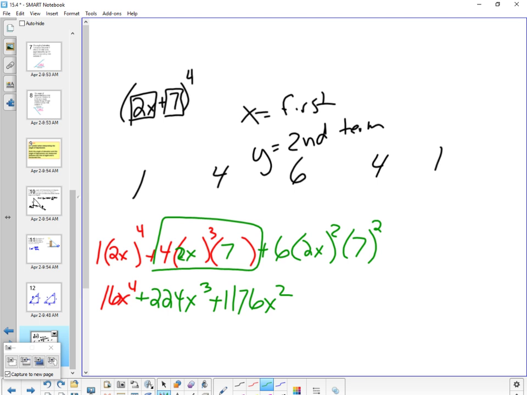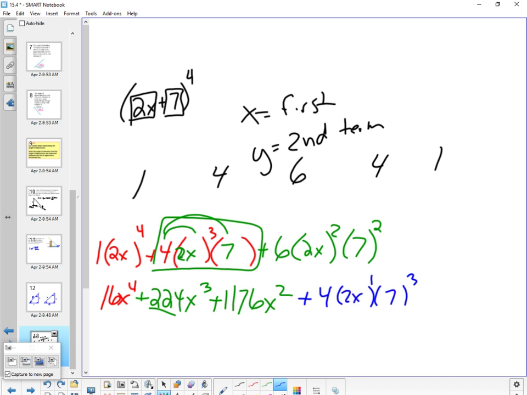What's 2 to the third? 8 times 4 is 32. 32 times 7 is 224. And then x cubed is just x cubed. Okay? Let's go to the next term. Where am I at? So I've got 4xy. What's this? It's going to be a 1 now. This will be a 3. So this will be 2x and this will be 7.